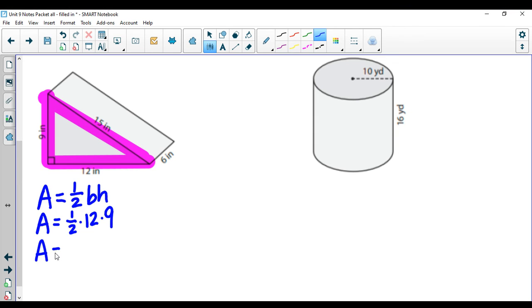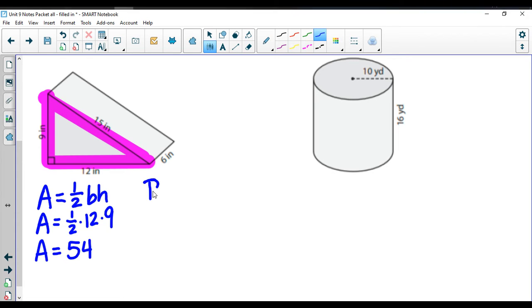So 1/2 times 12 times 9 gives me 54. In our previous unit, we did require you to put units on this, but because we are going to be using this area later on and incorporating it into another formula, I'm going to let you just say the area is 54. We do know that it is square inches. We just don't have to take the time to actually write that here. So that's our first piece.